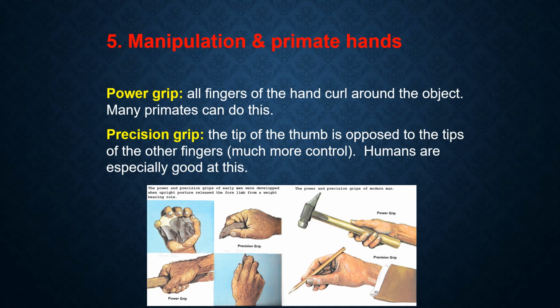Then we have precision grip, where the tip of the thumb is opposed to the tips of all the fingers. In essence, you can take your thumb and touch it to the tips of all of your fingers, which gives you much more control over the tool you are using. Humans in particular and our ancient ancestors are very, very good at using precision grip.